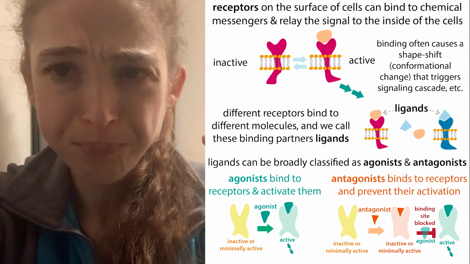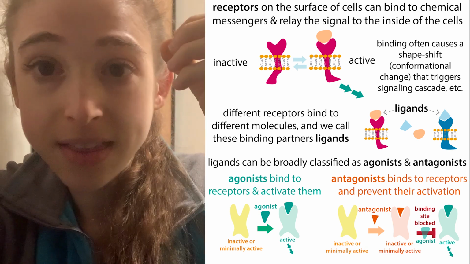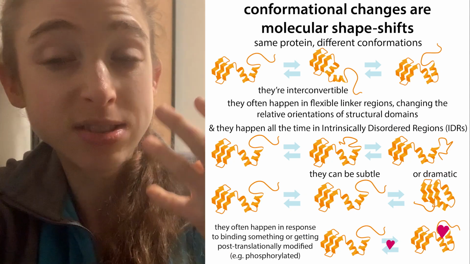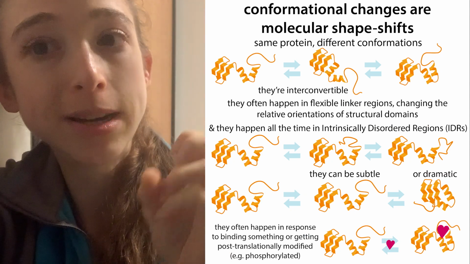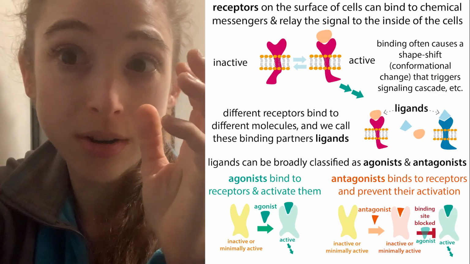So this can bind to the outside of the cell on that receptor, and then the receptor shapeshifts. It undergoes what we call a conformational change. And this changes the inside part of that receptor.